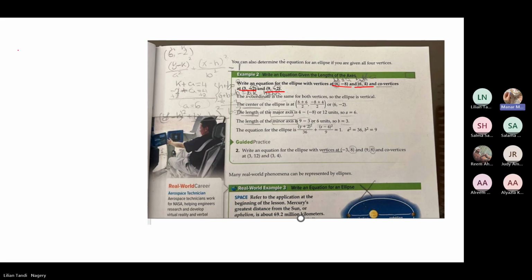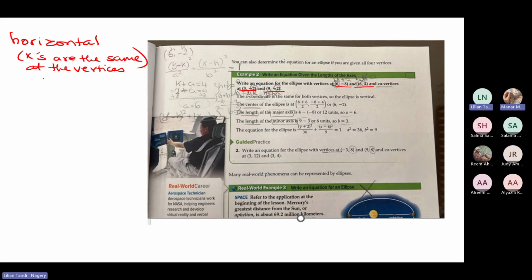Okay? Again, let's make that a rule. If the x's are the same at the vertices, horizontal? Wait, x's are the same at the vertices. But they said in the book it is vertical, so the ellipse is vertical. Where in the book? The first sentence: the x coordinate is the same for both vertices, so the ellipse is vertical. Oh, yes.